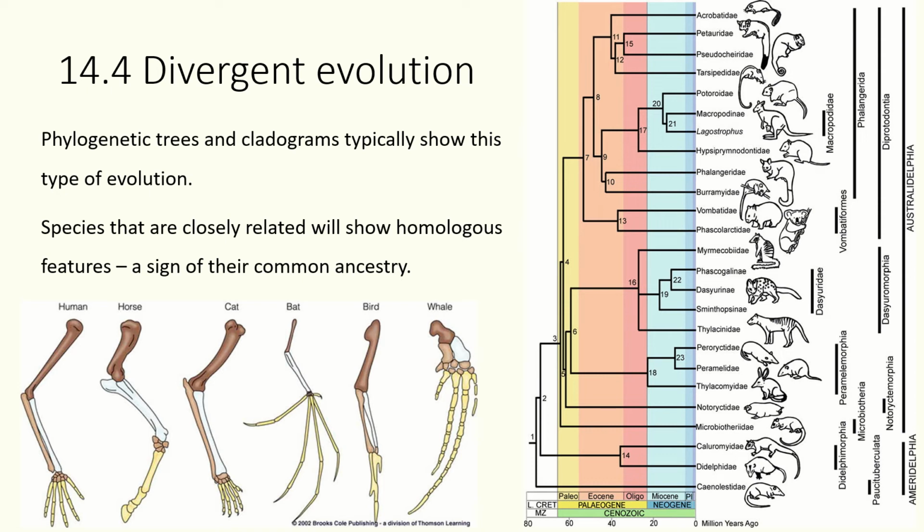So what's happened is, as the selection pressures have acted on these organisms, it's resulted in them modifying the structures they already had to suit their environment, make them better, increase their viability in that environment. And so hence we have homologous structures in divergent evolution.